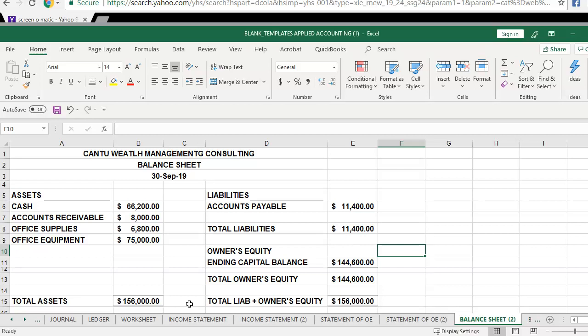The assets total $156,000, same as the right-hand side of the accounting equation. Okay? So now you have prepared successfully the three financial statements: the income statement, the statement of owner's equity, as well as the balance sheet.